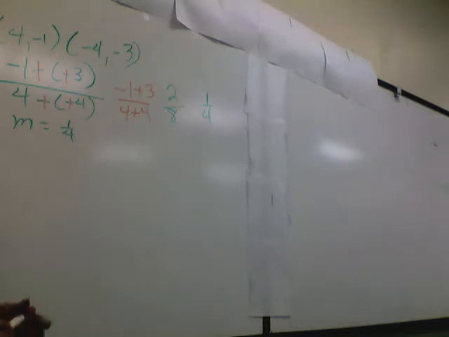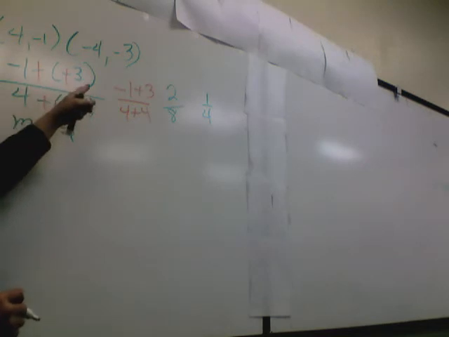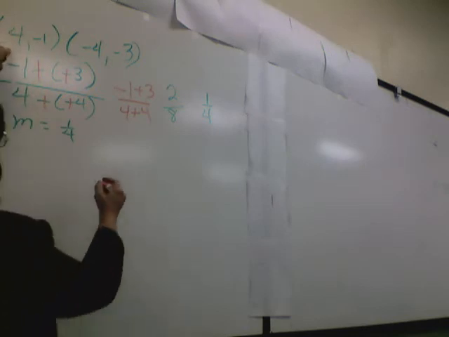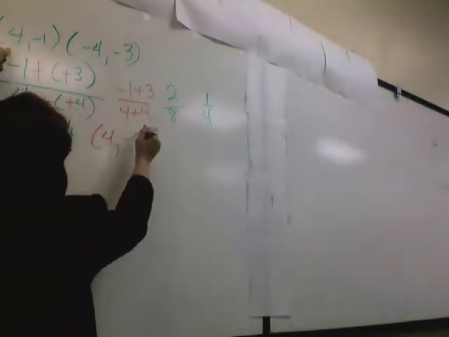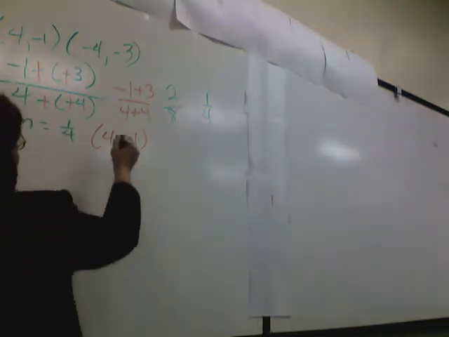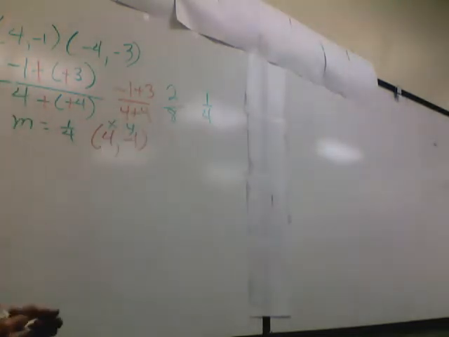And which point would you like to plug in? We could plug in either one of them. This one only has 1 negative. Why don't we pick it? Okay, we'll pick 4, negative 1. Here is our x and our y that we're going to be plugging in. Here's our slope.